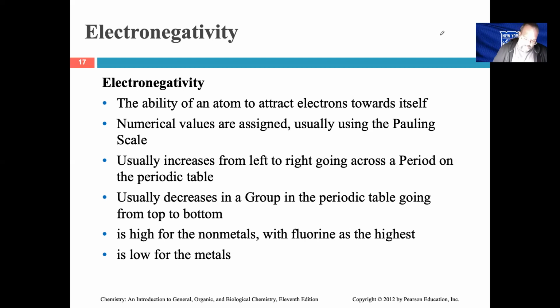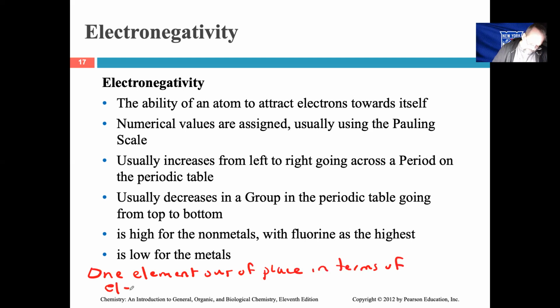Now, in terms of the periodic table, there's one element that's really out of place in terms of electronegativity and its position in the periodic table. And what element is that?